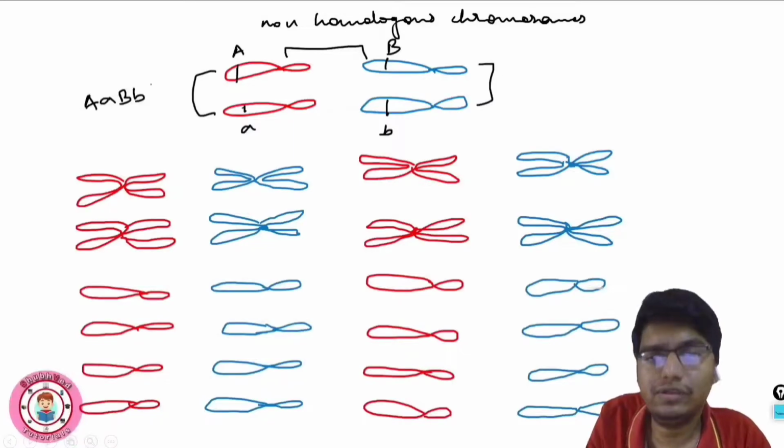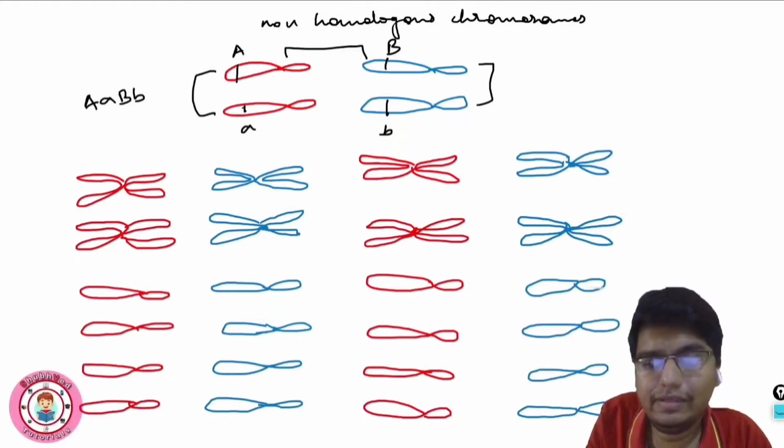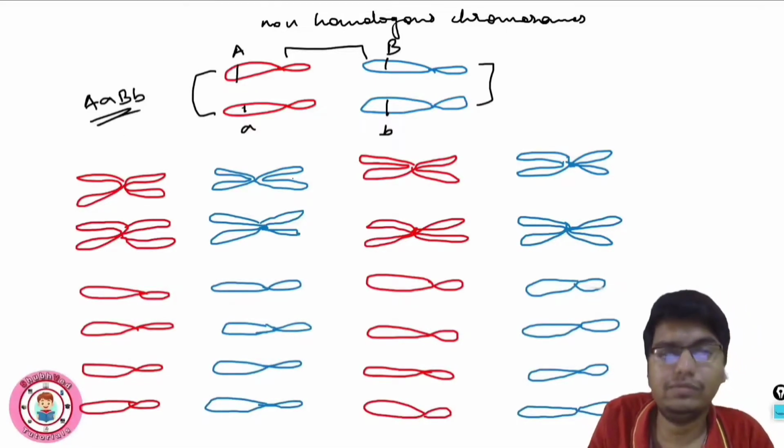So this is the process in which we are seeing how these chromosomes will get separated and how the gametes are formed from this genotype.